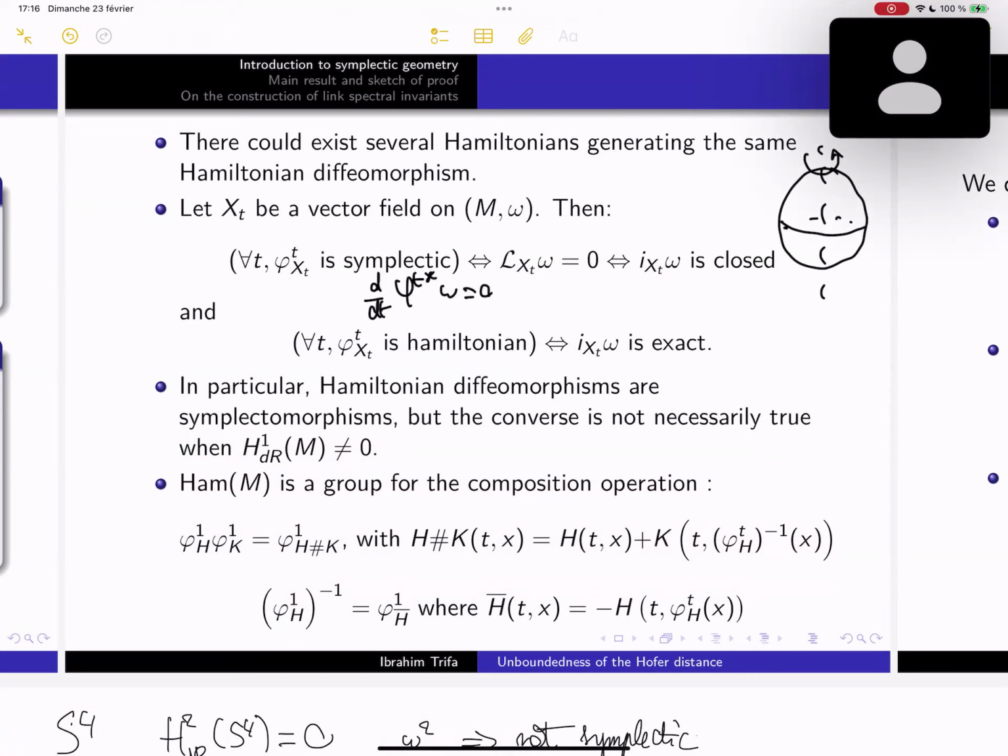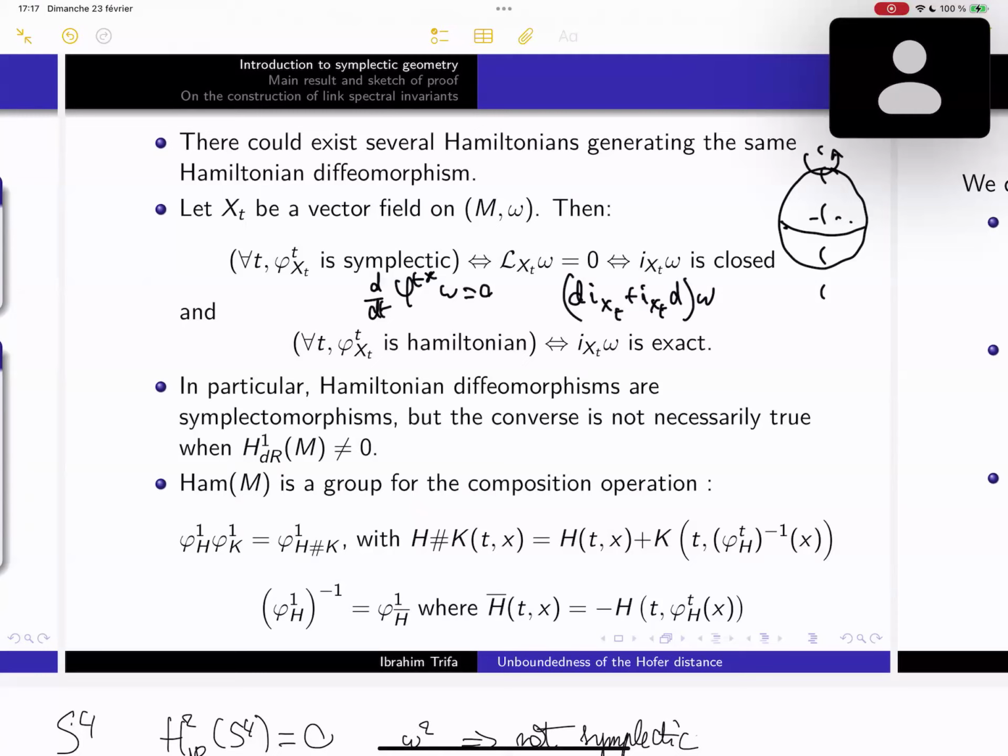And this is equivalent to saying that the Lie derivative of omega along X vanishes. But this is equal to d i_{X_t} omega plus i_{X_t} d omega. And we know that omega is closed. So this is equivalent to saying that i_X omega is closed.